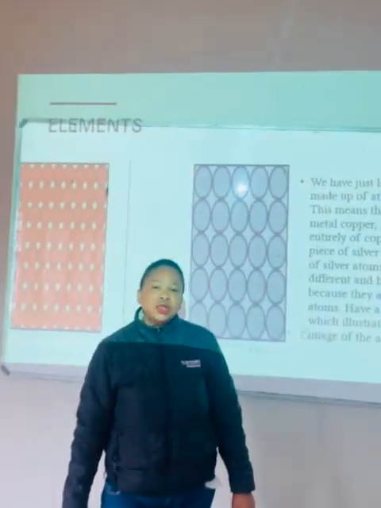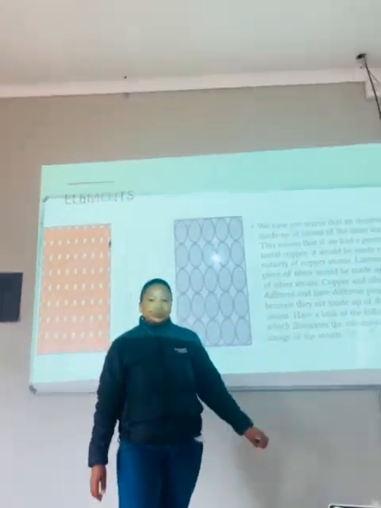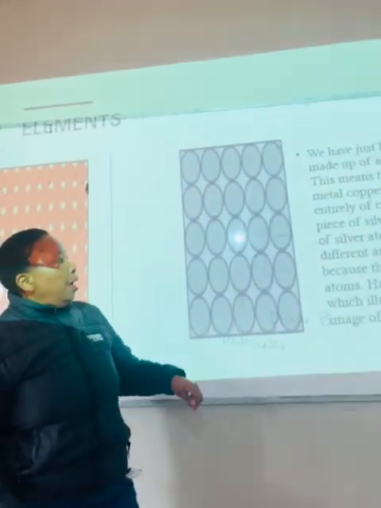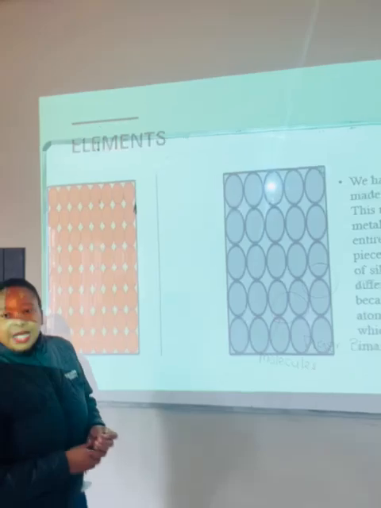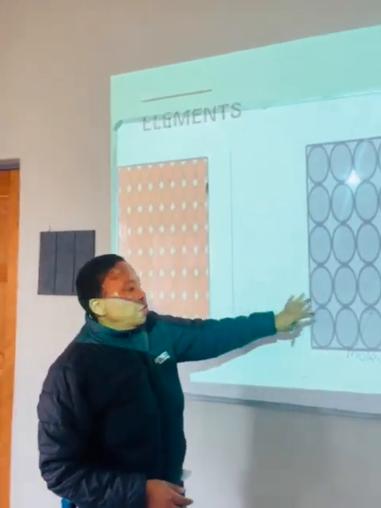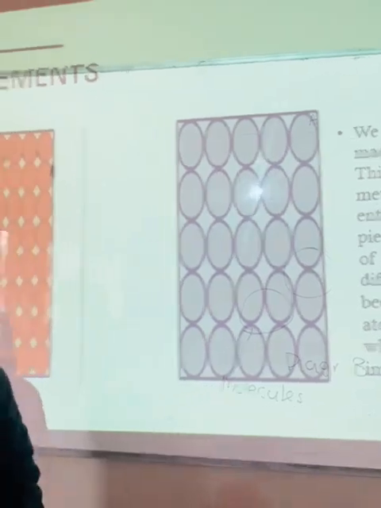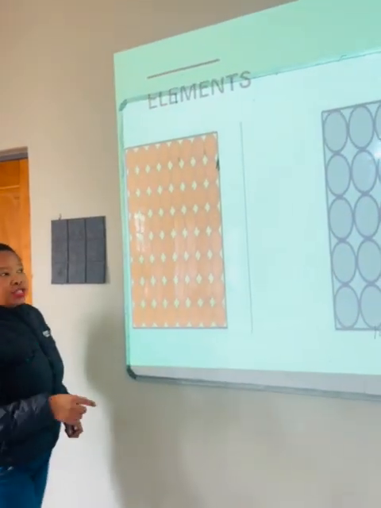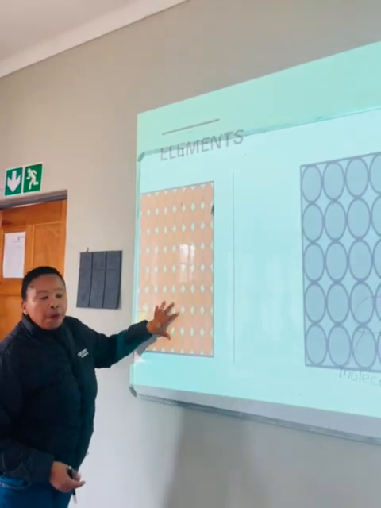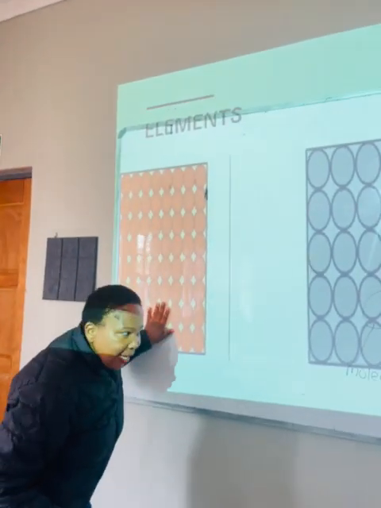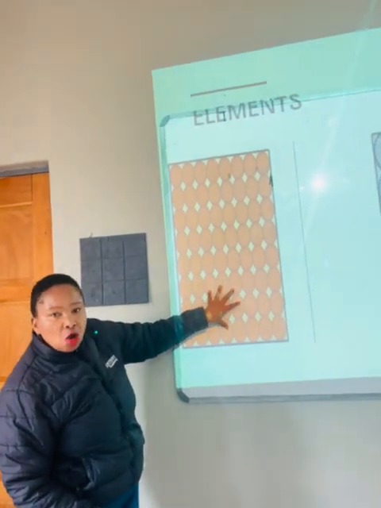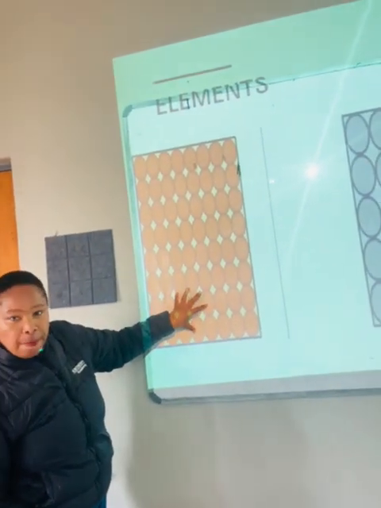Now, just to check, let us look at these two elements. Here we have the copper element and the silver element. I hope you can note that the copper element is made up of copper atoms only. You can never find any other type of atom making up copper.